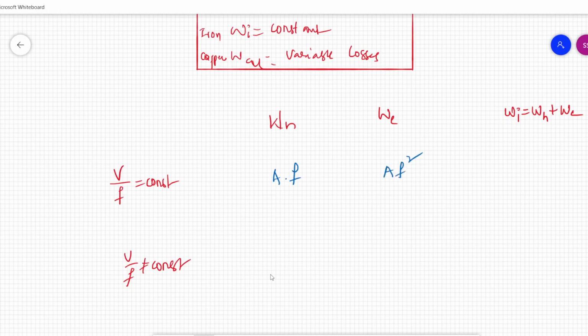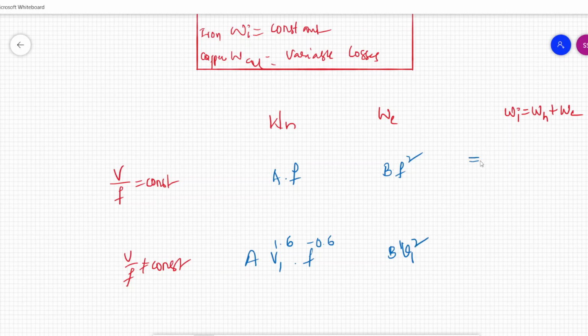When V by F ratio is not maintained constant, the hysteresis loss is A into V1 power 1.6 and F power minus 0.6. For hysteresis loss the constant is A, for eddy current loss it is B. And when V by F ratio is not kept constant, eddy current loss is B into V1 square.